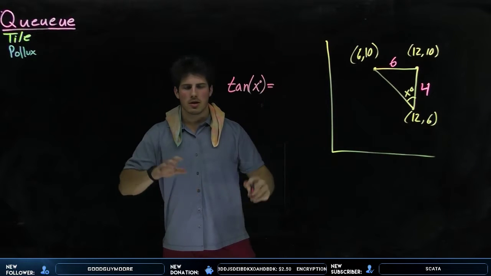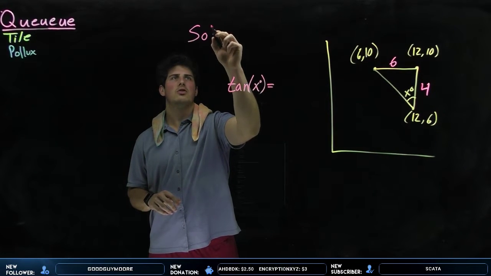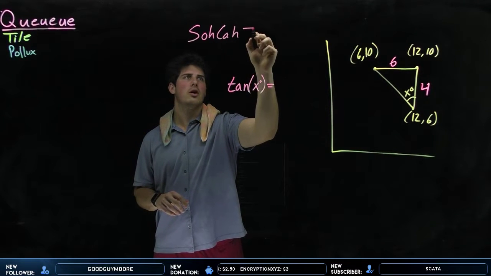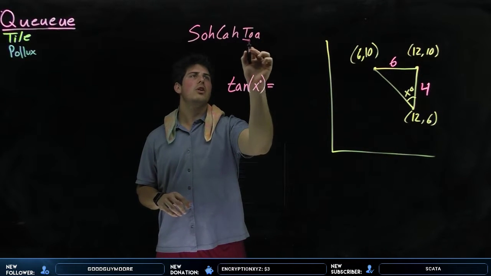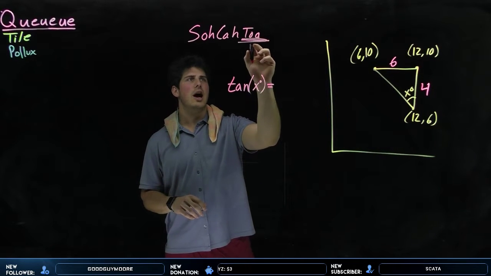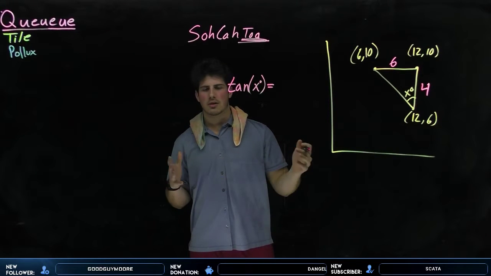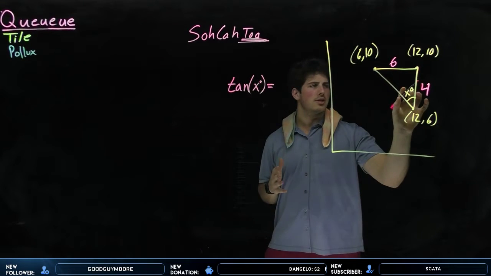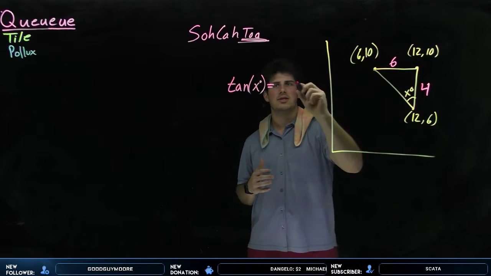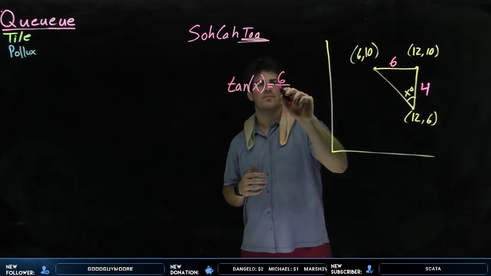And Tile already explained that, but if we have SOHCAHTOA, this is my wheelhouse. I want the tangent, which is the opposite over the adjacent length. So I have the angle here, and my opposite length is going to be 6, and my adjacent is going to be 4.